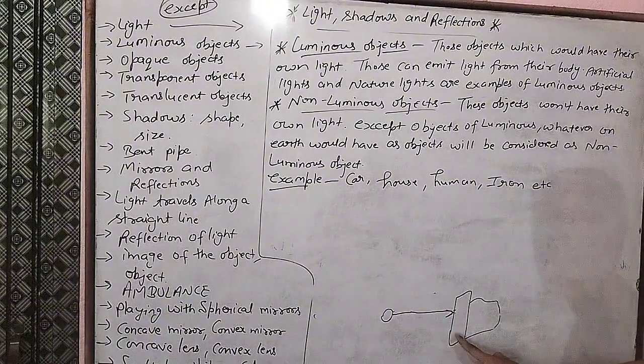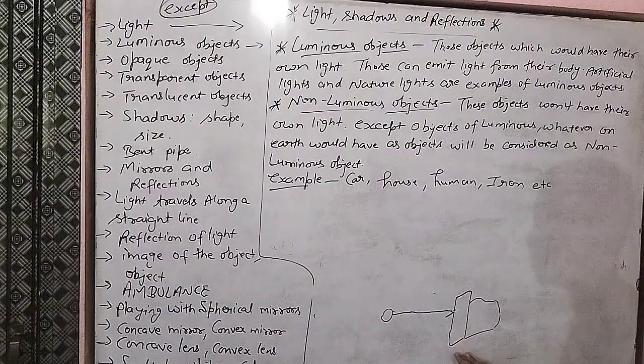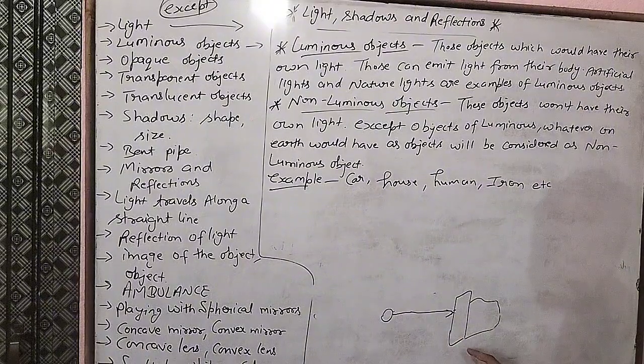So here we are looking at light getting reflected by the opaque object, and a shadow is being formed by the object. It is happening because light is being blocked by this object. Okay.